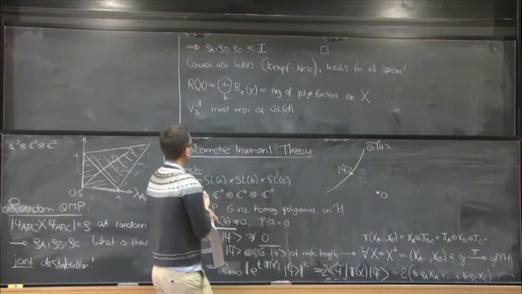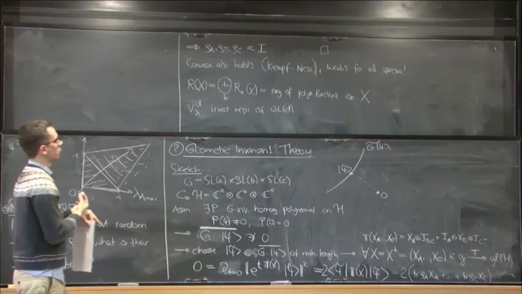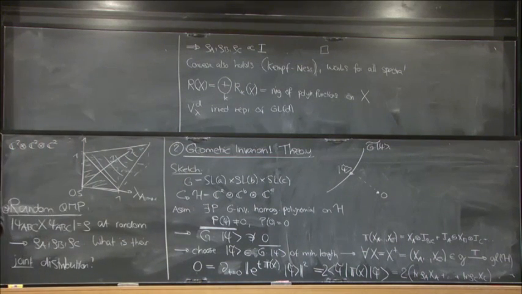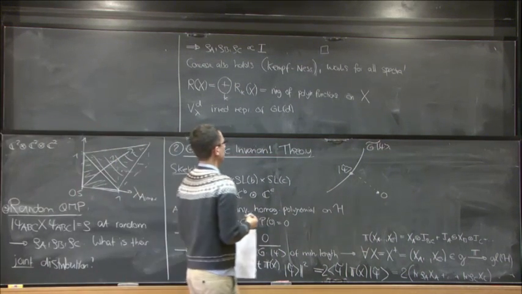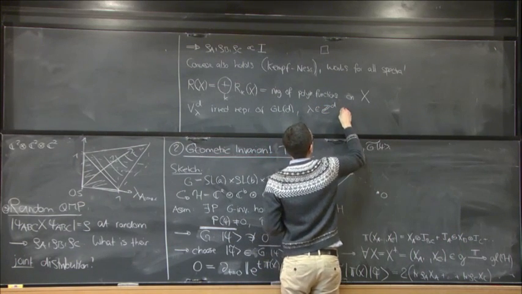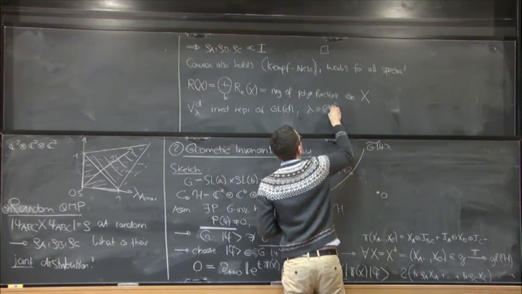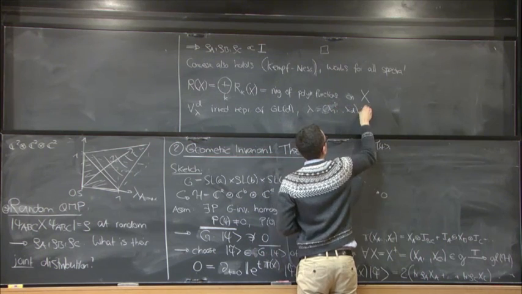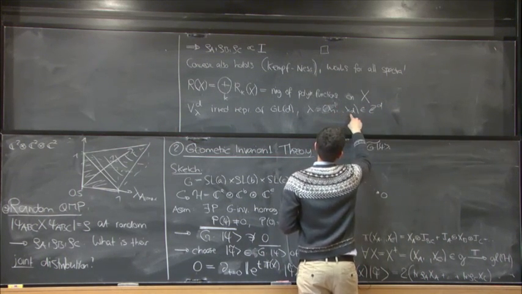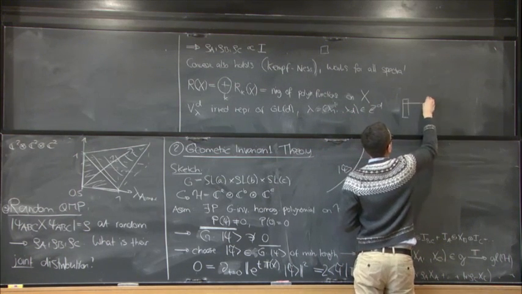And so let me tell you what these lambdas are very concretely. So these lambdas are, of course, highest weights. But one concrete way of thinking of them is, in the case of GL_D, just integer vectors, or what some people call Young diagrams. So these lambdas are in Z^D, and so they are little lists of integers, lambda_1 to lambda_D, with weakly decreasing entries, and people like to think of them as little diagrams like this.